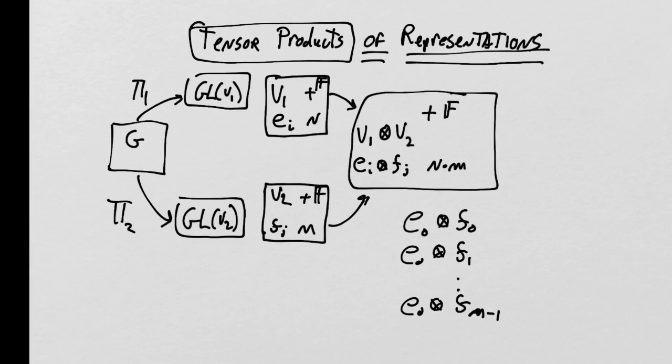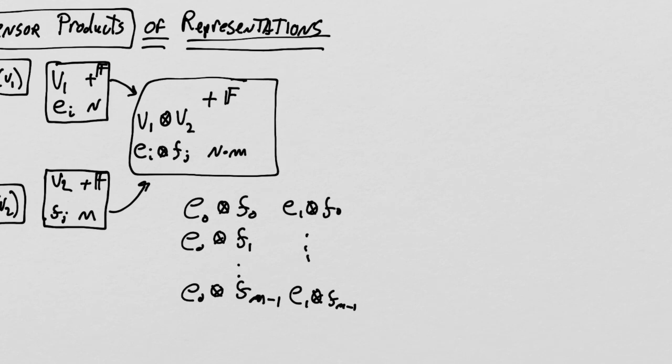And then it's going to be the whole darn thing again, E1 tensor product F0, ... E1 tensor product F_{m-1}, and this will continue to E_{n-1} tensor product F0 ... to E_{n-1} tensor product F_{m-1}.